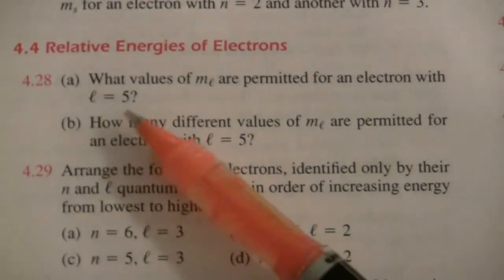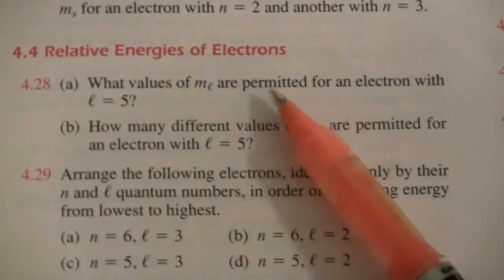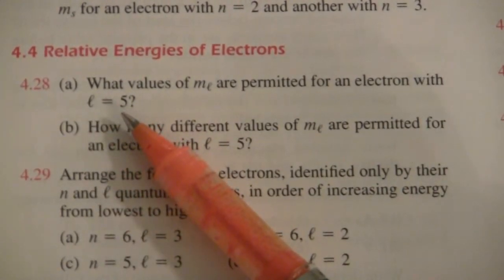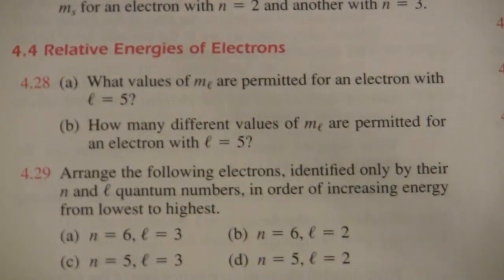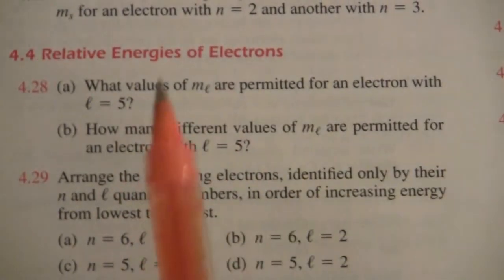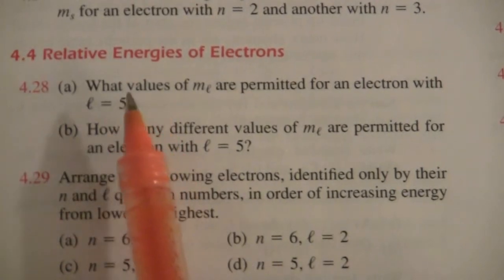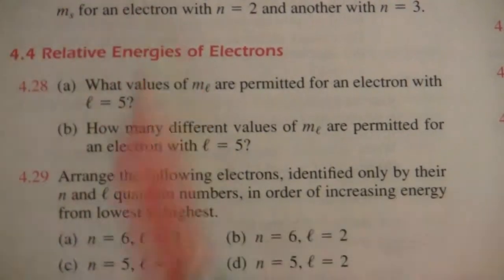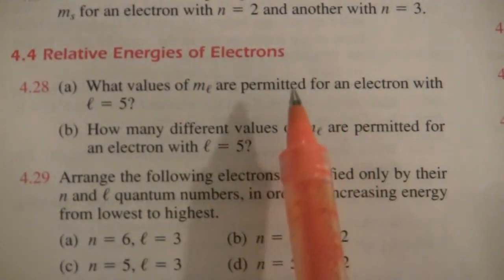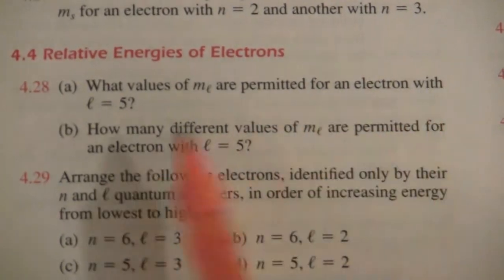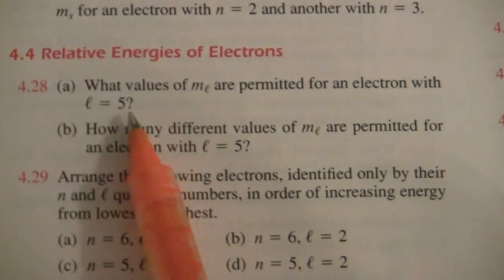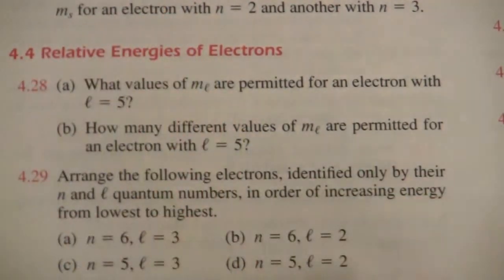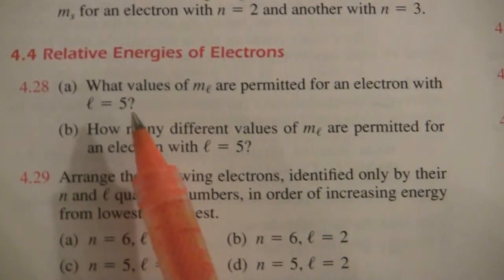This one says, what values of m sub l are permitted for an electron with l equals 5? That goes beyond what I drew in my analogy, but I think we can still think about it and get the answer. Values of m sub l, those are the doors, the rooms in each wing. We have l equals 5, so that's like hall 0, 1, 2, 3, 4, 5, so we have 6 halls on that level.